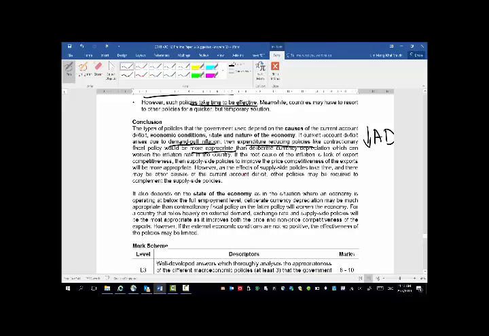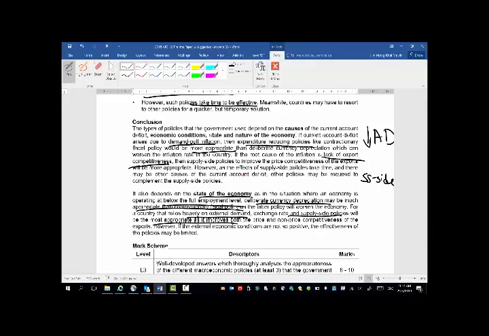If the root cause is lack of export competitiveness, then perhaps supply side policy will be better instead of your tariffs. Also depends on the state. If it's below full employment, deliberate currency depreciation may be more appropriate. For an economy that relies heavily on external demand, exchange rate and supply side policies will be more appropriate, as in the case of Singapore.